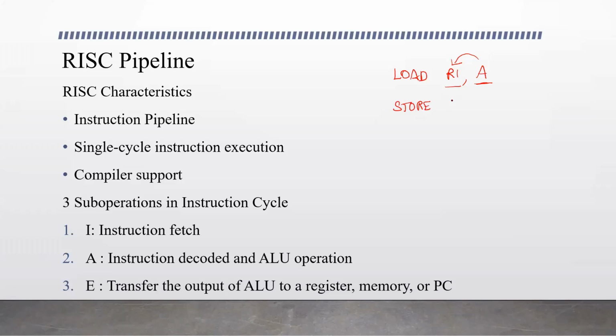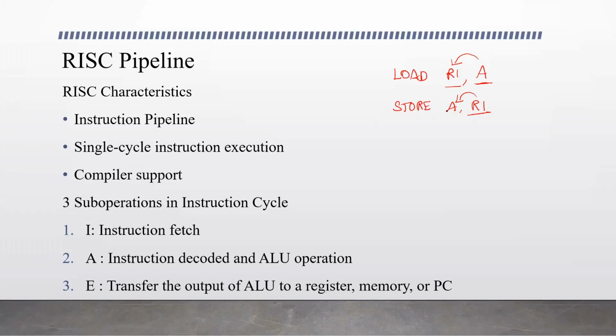The store instruction transfers data from the register to memory. If we write it as store A, R1, the content of register R1 will be stored into memory location A. So data transfer instructions here are limited to only store and load.